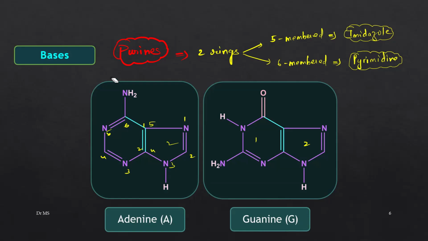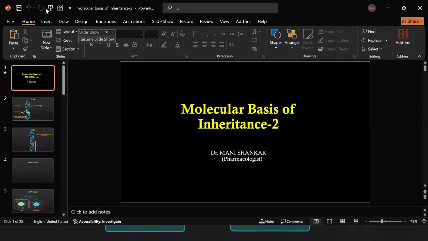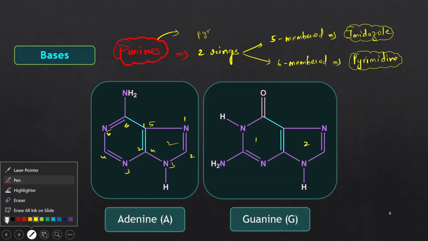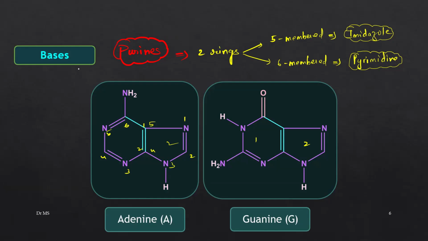So by this you can say purine is nothing but pyrimidine plus imidazole, or pyrimidine plus a 5-membered ring.